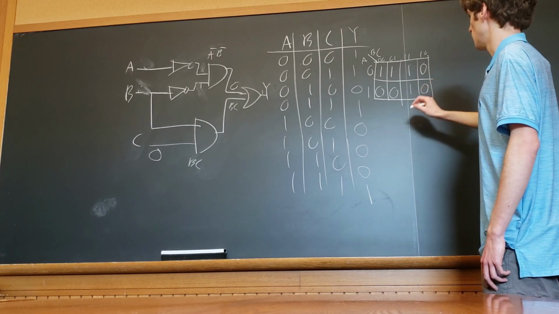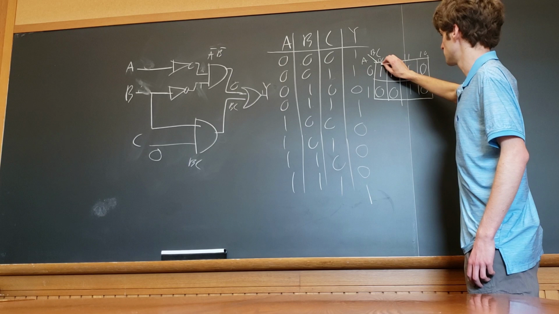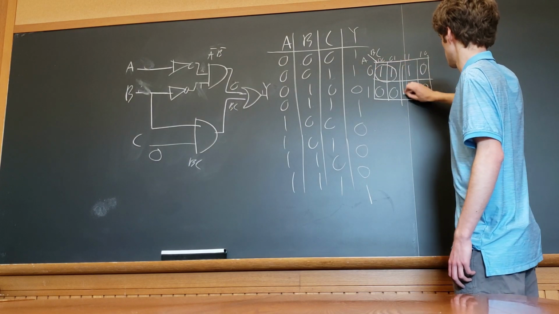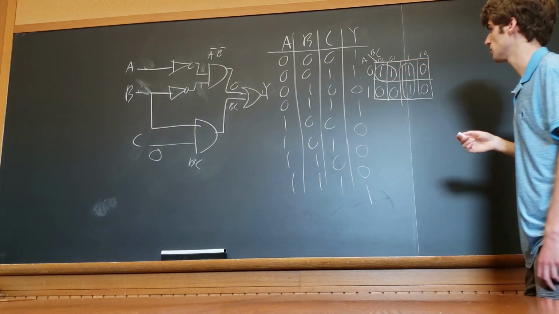Looking at this, we can see right away that we have these two groups here and here. So we have these two disjoint groups.